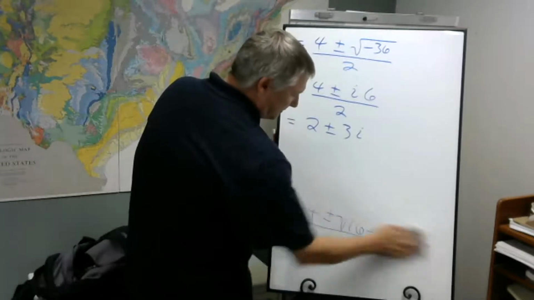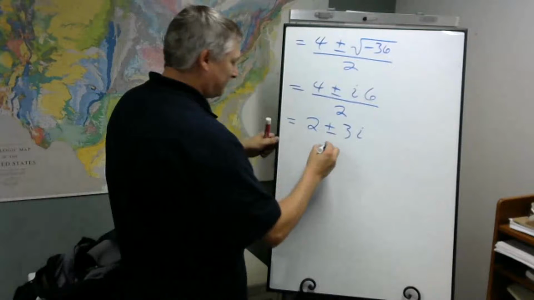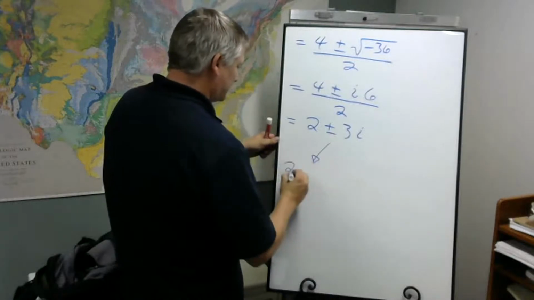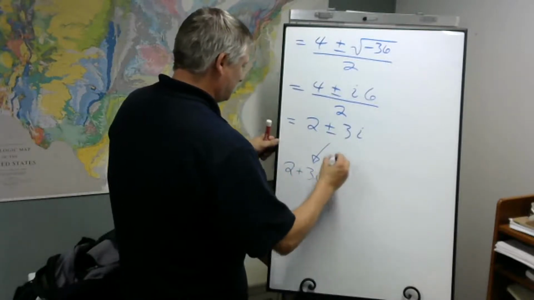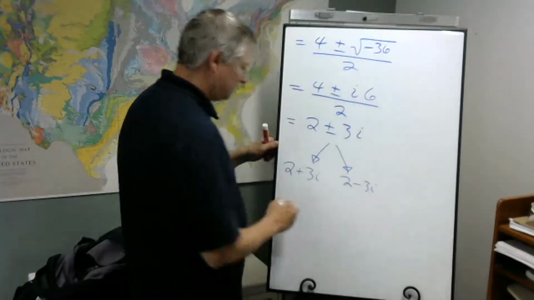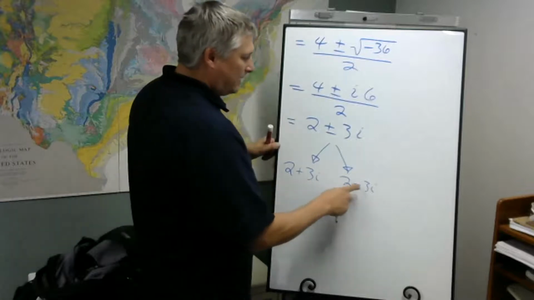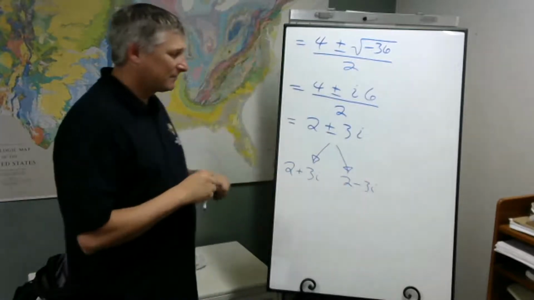And sure enough, we're going to get 2 roots. The plus version, and then the minus version. a plus bi, a minus bi.